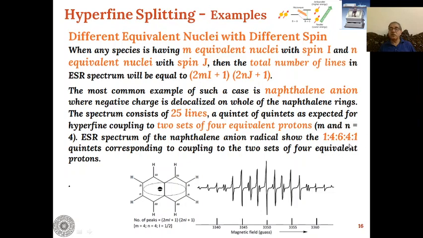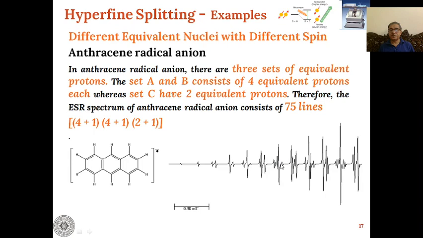So when any species is having m equivalent nuclei with spin I and n equivalent nuclei with spin j, the total number of lines in the ESR spectrum can be calculated by this formula: (2mI plus 1) into (2nj plus 1). We will take one example, that of the naphthalene anion.